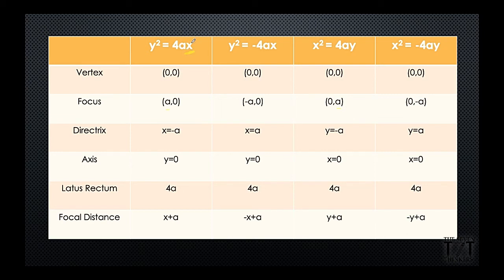Now the single degree term over here is y, so the axis of this parabola would be the y-axis. Latus rectum length remains the same as the parabola doesn't differ in shape. The other forms of parabola mean the shape of the parabola still remains the same, like this, or like this. It is just the interchange of the sides. Focal distance x plus a, minus x plus a, just a negative sign or the change of x and y.